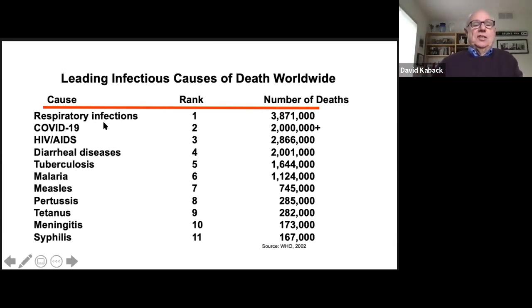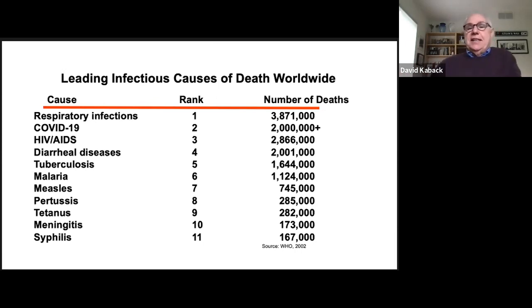And here are the others: HIV, diarrhea, tuberculosis. Fortunately, venereal disease like syphilis goes down a little bit, used to be much more. You can see million fatalities due to malaria, 1.6 million due to tuberculosis, 2 million due to diarrhea, believe it or not, which can be a fatal disease. You lose all your water and you die of dehydration.